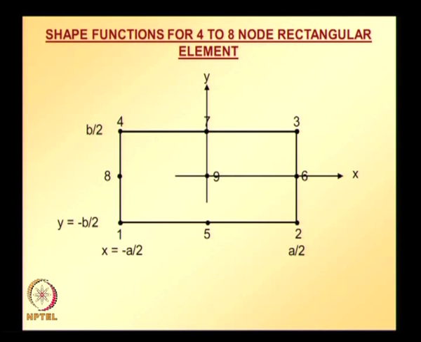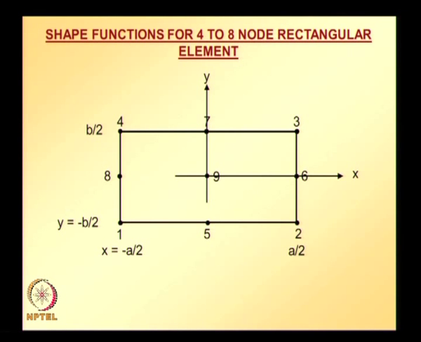The complete set of shape functions will be given in a table, but the ordering of nodes, or the ordering of element node numbers, is very important. The expressions that I am going to show you are valid only for this node numbering.